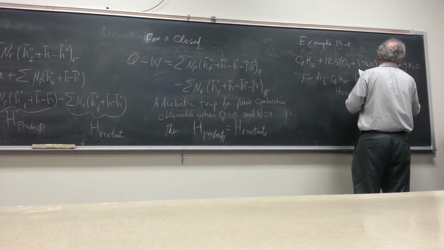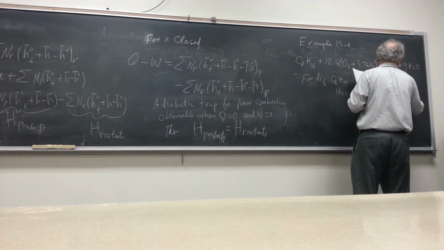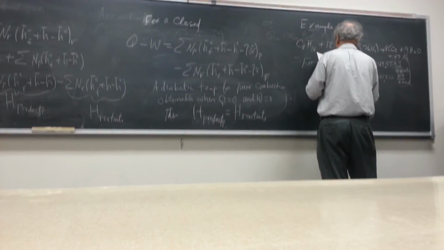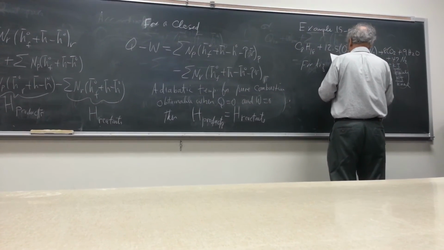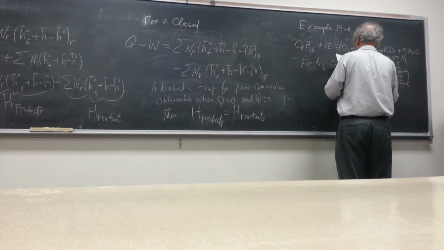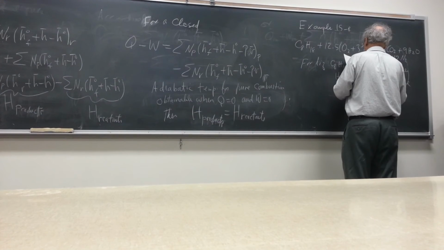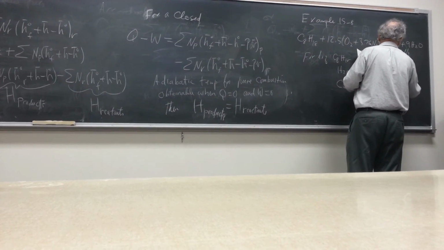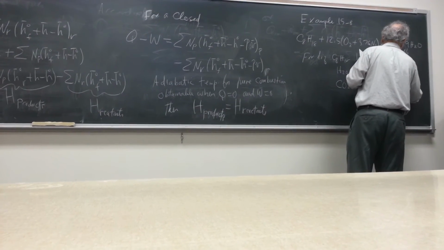That's kilojoules per kilomole. And then for CO2, it's minus 393,520 kilojoules per kilomole.